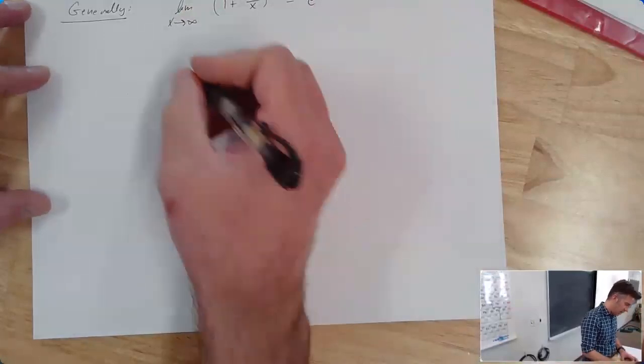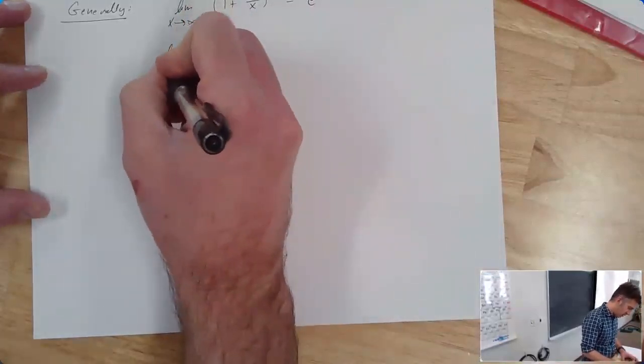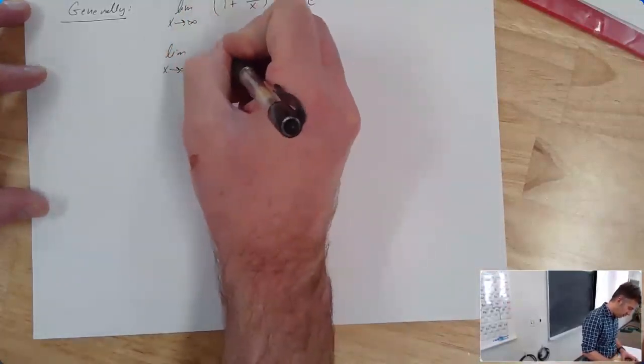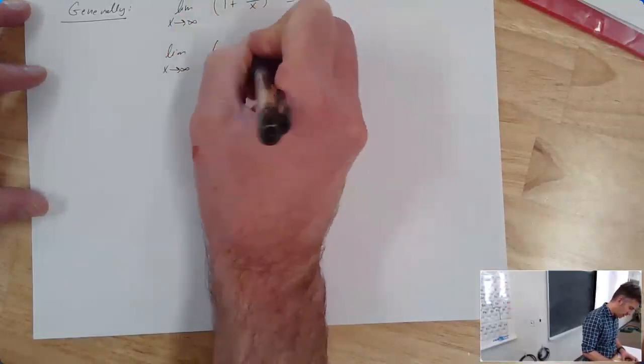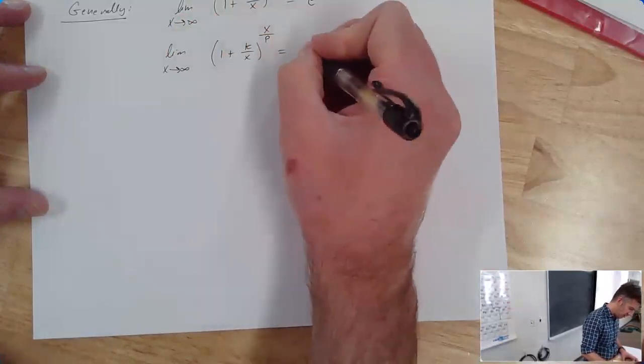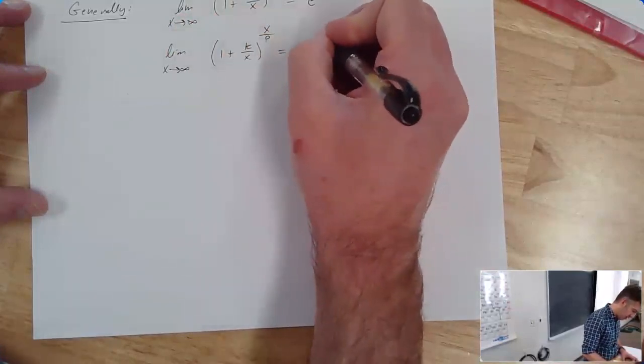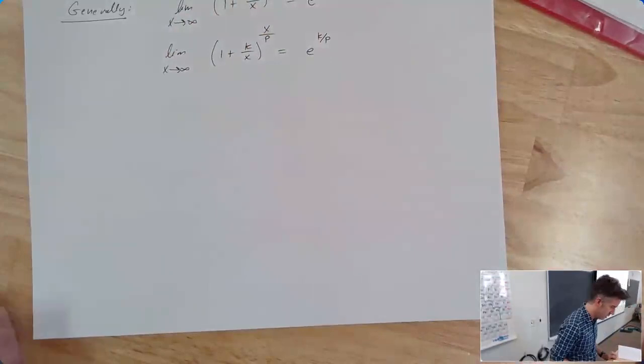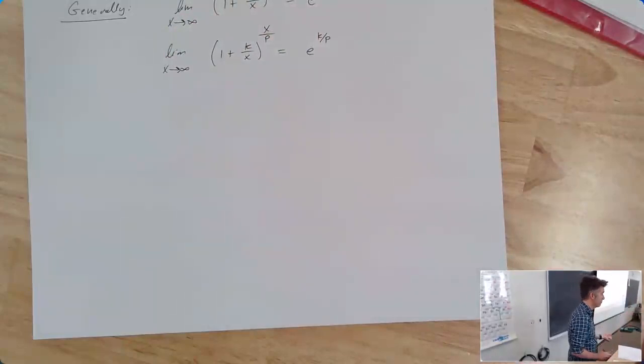And if you want to be even more general, the limit as x goes to infinity of 1 plus some constant over x, to the x over some other constant p, is equal to e to the k over p. Kind of cool. It's the same exact work. You're just throwing in a couple extra constants that come along for the ride.